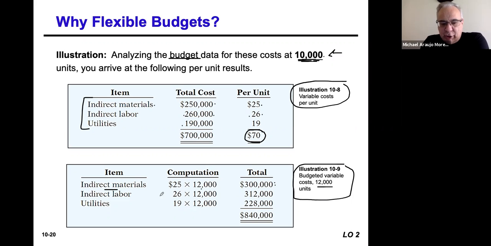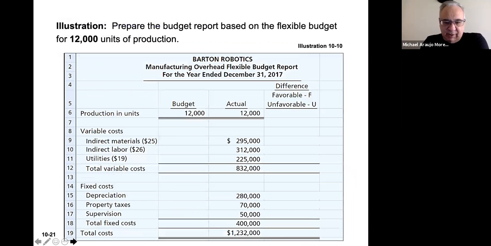Your budget for indirect labor would have been 312,000. Your budget for utilities would have been 228,000. These numbers would have needed to replace the original ones that you had for your 10,000 unit budget. So now we stick that in our budget.